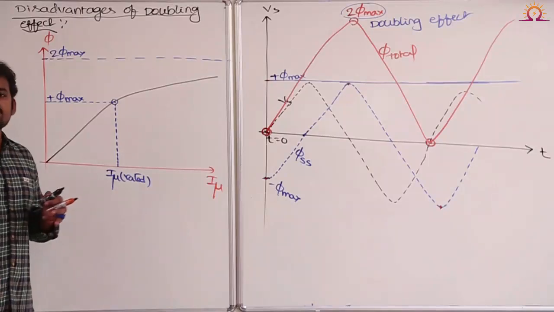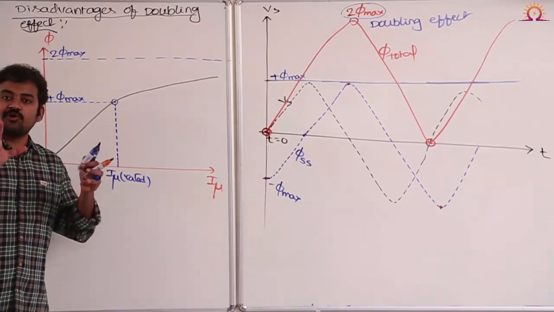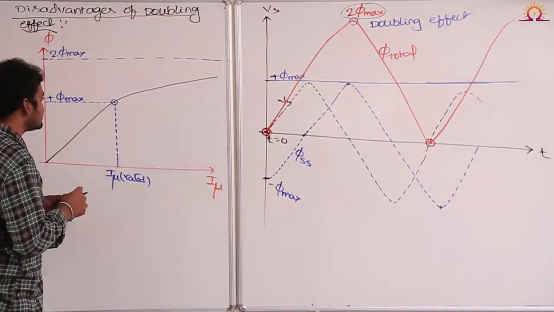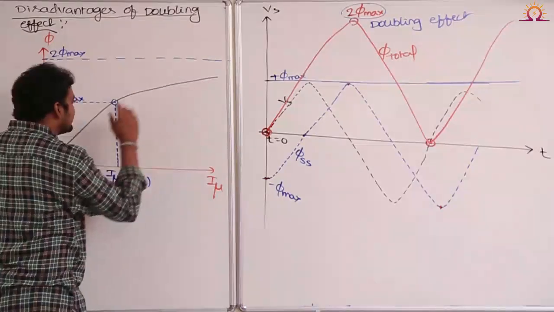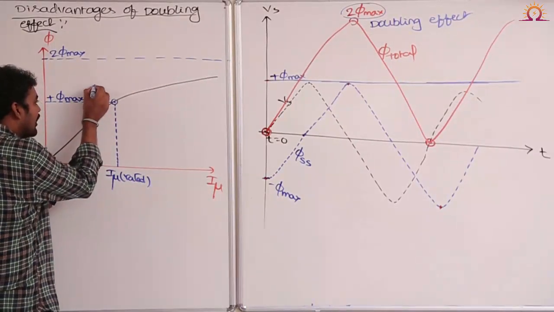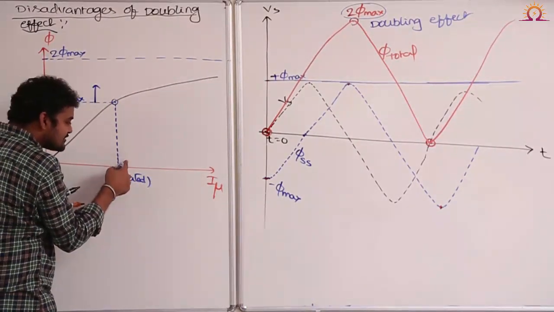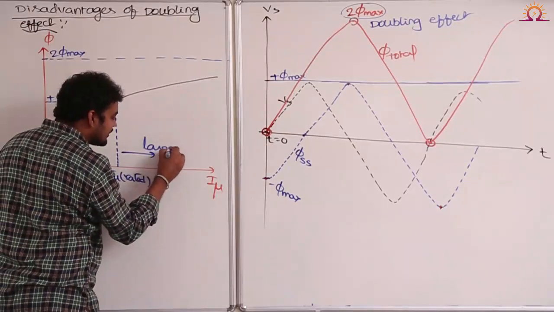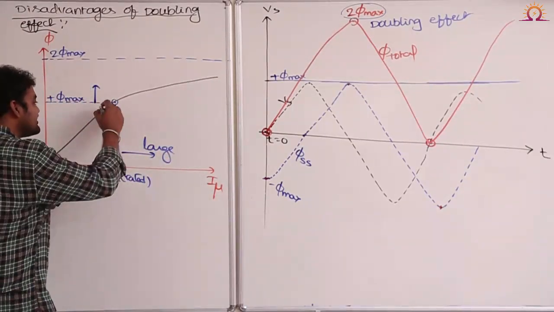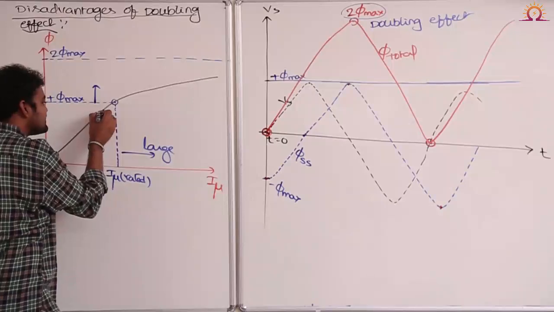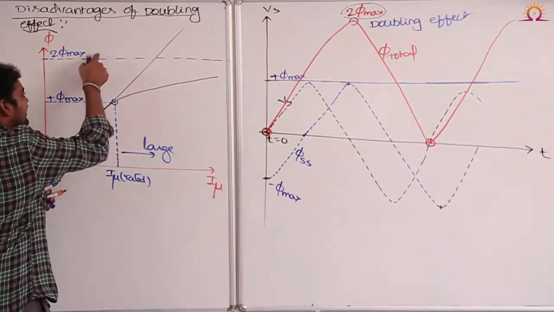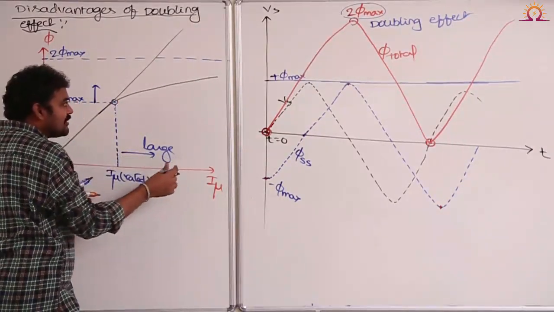What is the disadvantage of transformer or core saturation? We know in this saturation zone, a small rise in flux demands a large rise in magnetizing current. Suppose it is a purely linear curve, what happens? If it is like a straight line, if flux is doubled, magnetizing current also just doubles.